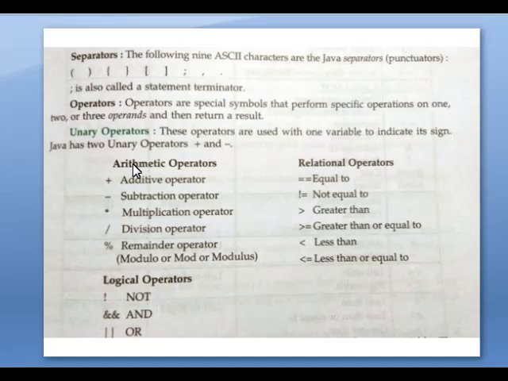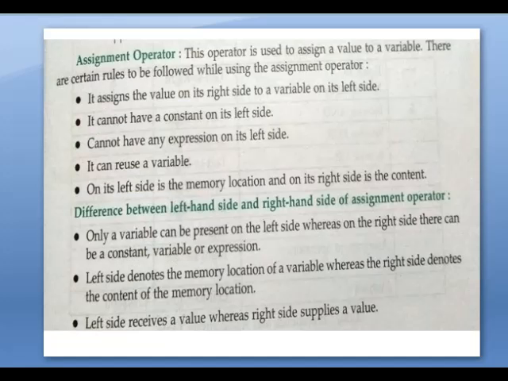Then arithmetic operators, relational operators and logical operators, already many times you have studied. So you know there is no difficulty for these. The assignment operator assigns the value on its right side to the variable on its left side. So it cannot have a constant or any expression on its left side. It can use a variable.